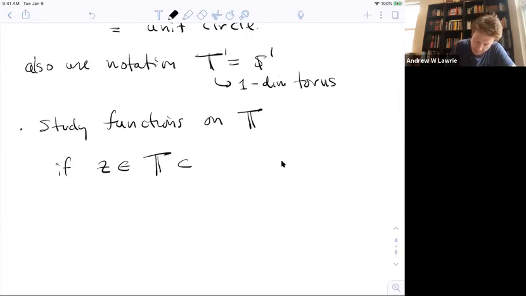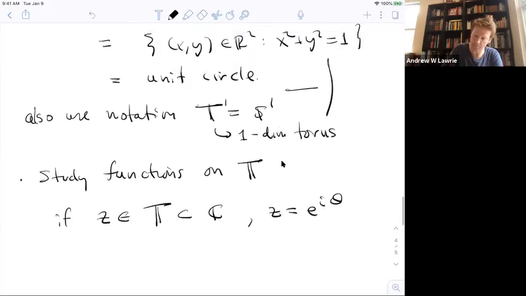as a subset of the complex plane, then I can write z is equal to e to the i theta. So again, going back to polar coordinates, we can identify all the points on the unit circle. Let me draw the unit circle. This is a terrible picture.